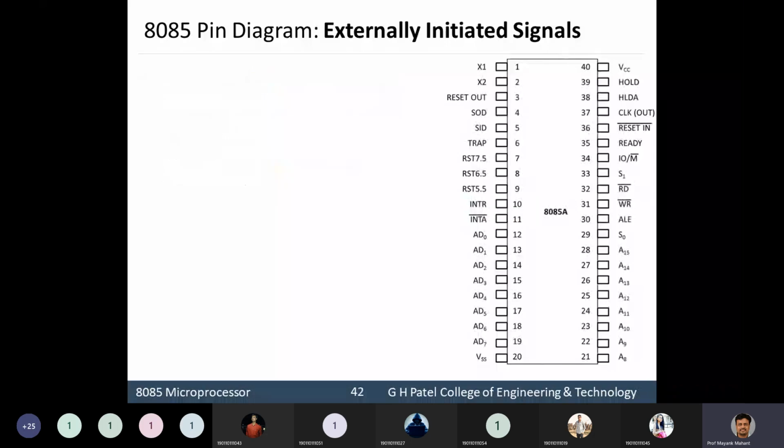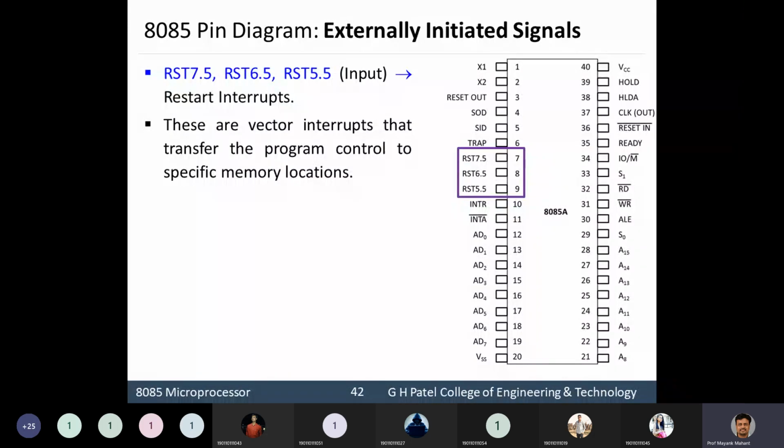The other interrupts are RST 7.5, RST 6.5, RST 5.5. They are what we call restart interrupts. These are vector interrupts that transfer the program control to a specific memory location.